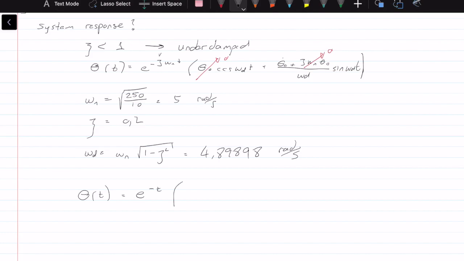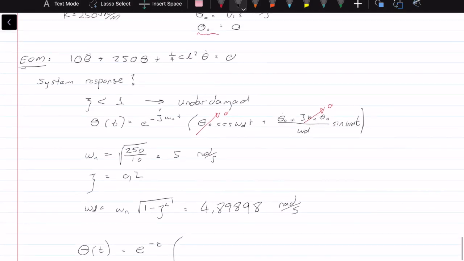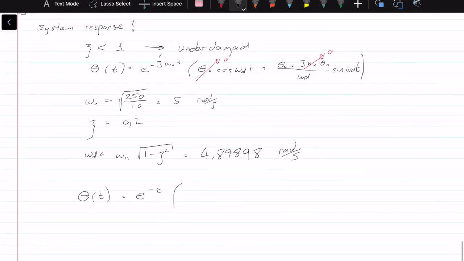Then we have theta dot naught, which is 0.3, over 4.89898, which gives us a value of 0.06124 sine, and then our value of omega d, 4.89898 t, and that is our system response.